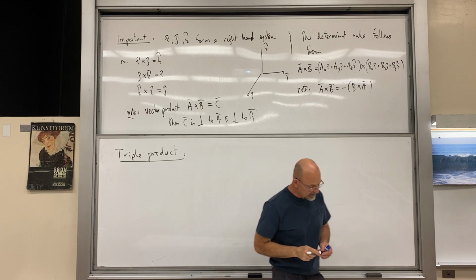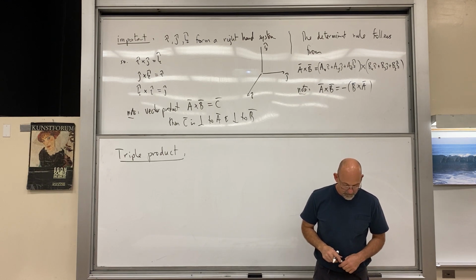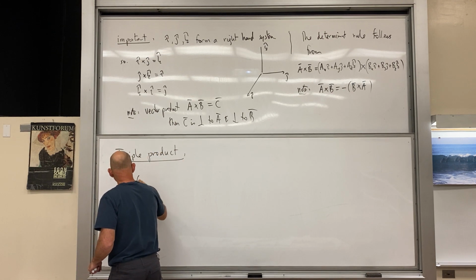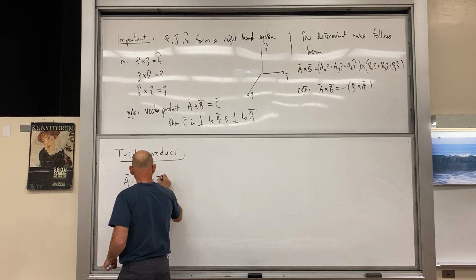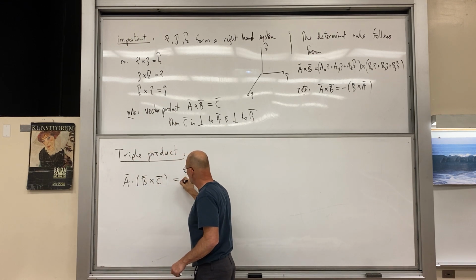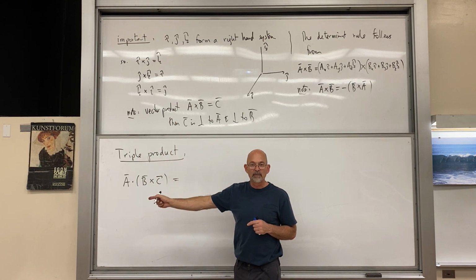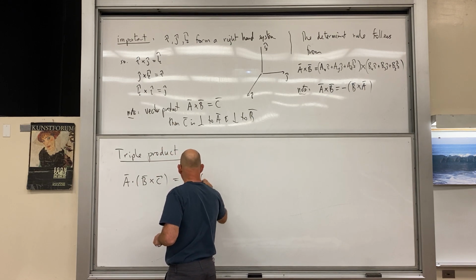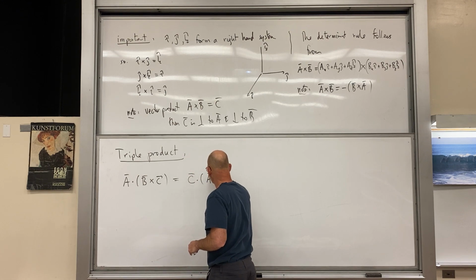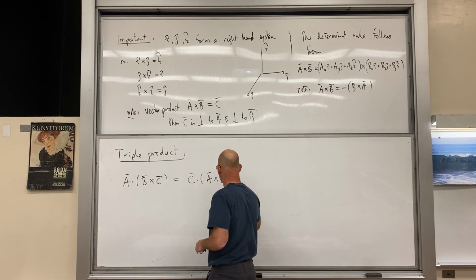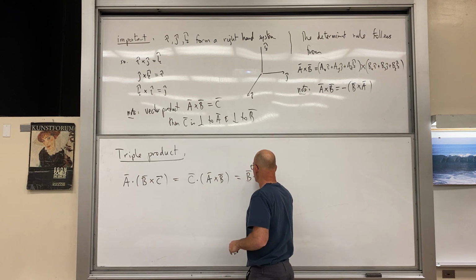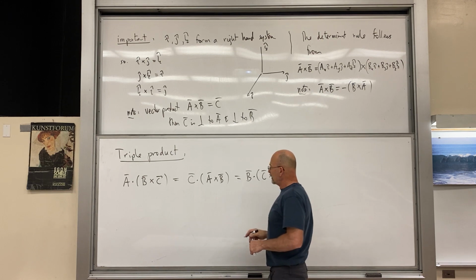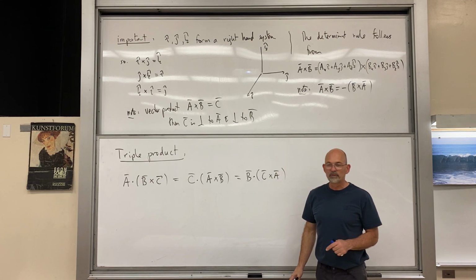I have this one written out here. C. Now this can be shown, you can do cyclic permutations of this. So you bring the C out front, you have C dot A cross B, and then you have B dot C cross A. So that's something you can prove if you want to.